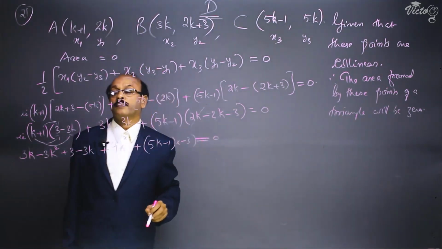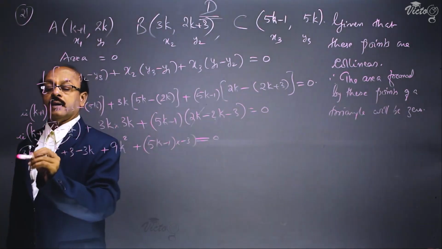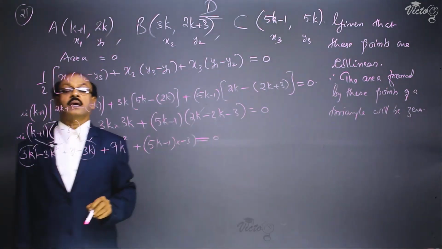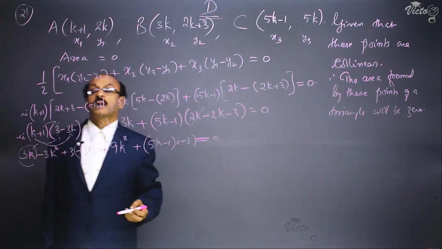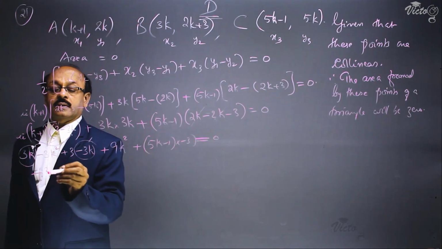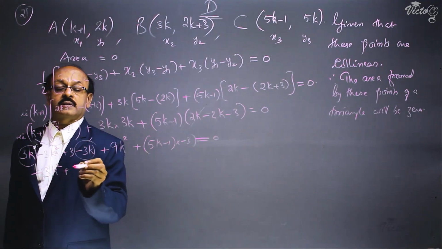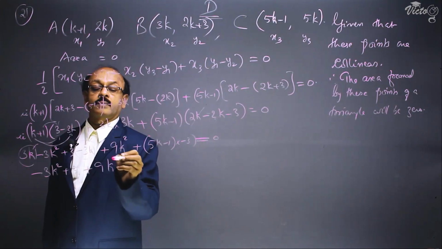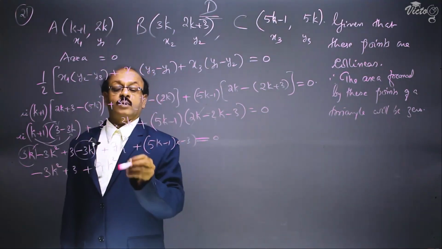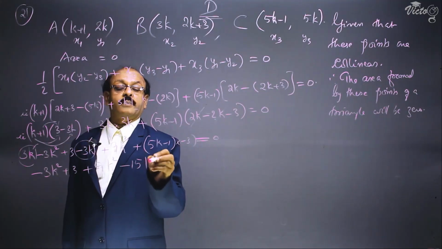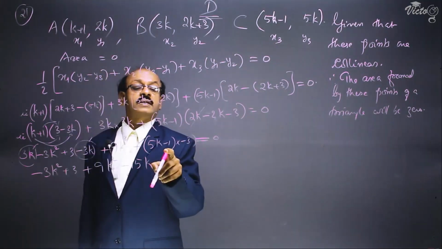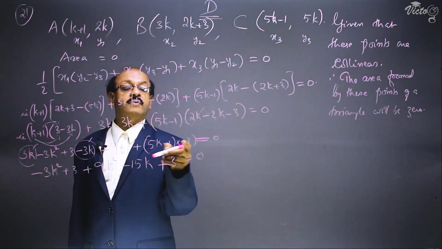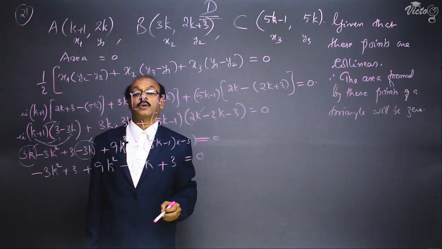Now here 3k and here it is minus 3k; on addition, 3k minus 3k is equal to 0. Minus 3k square plus 3 plus 9k square, then 5k into minus 3 is equal to minus 15k, and minus 1 into minus 3 is equal to plus 3, is equal to 0.